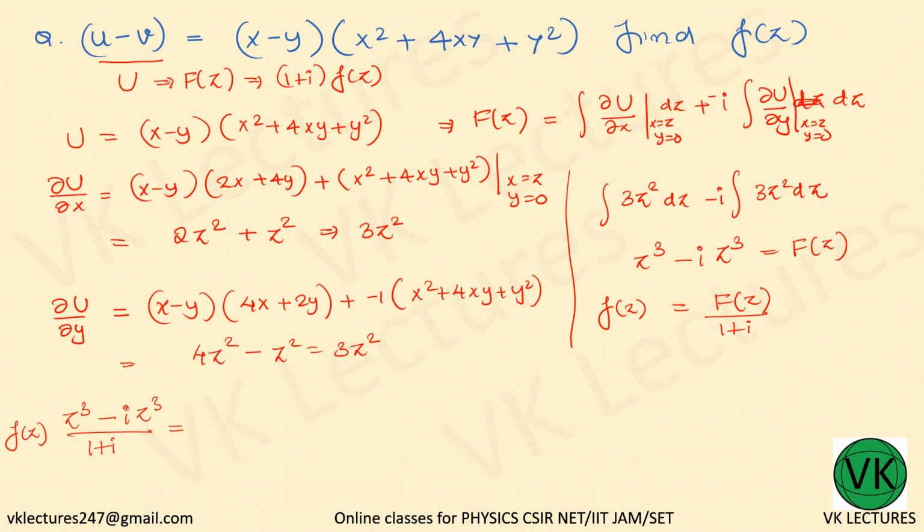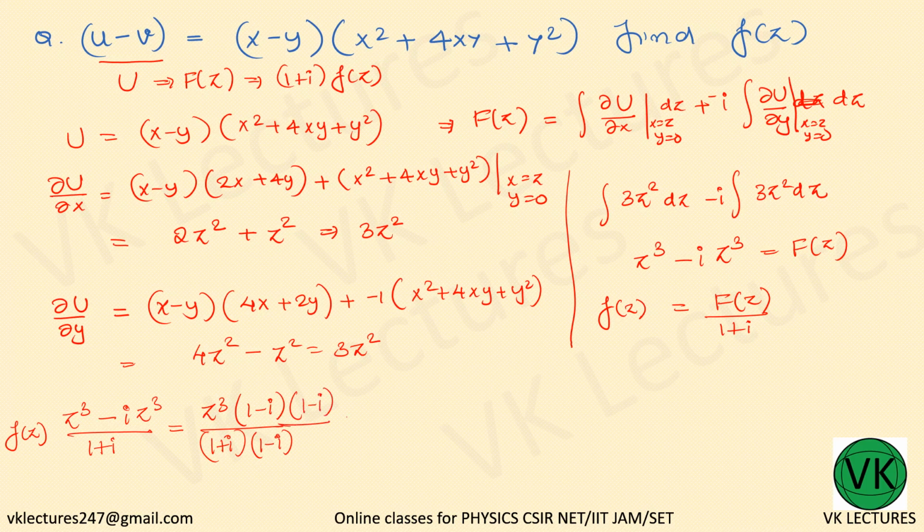So dividing by 1 plus i is not possible, so let's take z³ out. 1 minus i over here, 1 minus i divided by the denominator 1 plus i. Just multiply the numerator with 1 minus i and again 1 minus i over here.